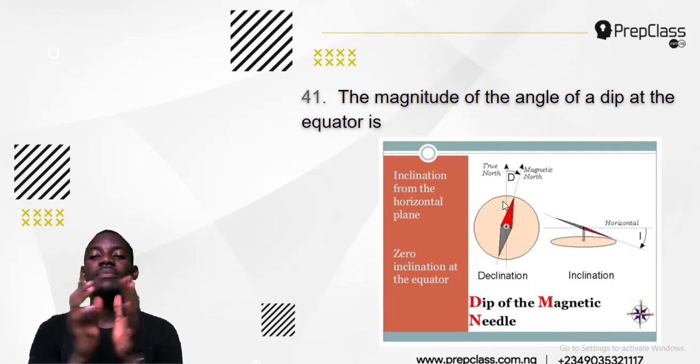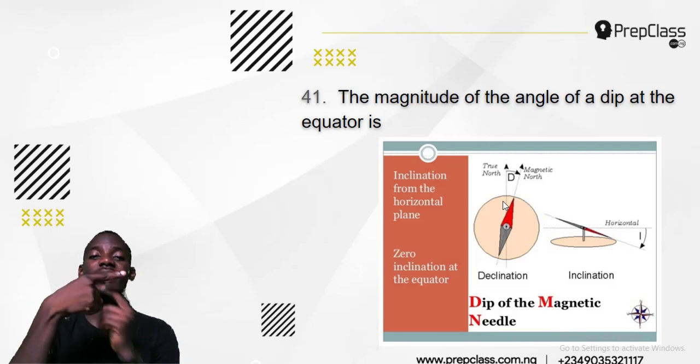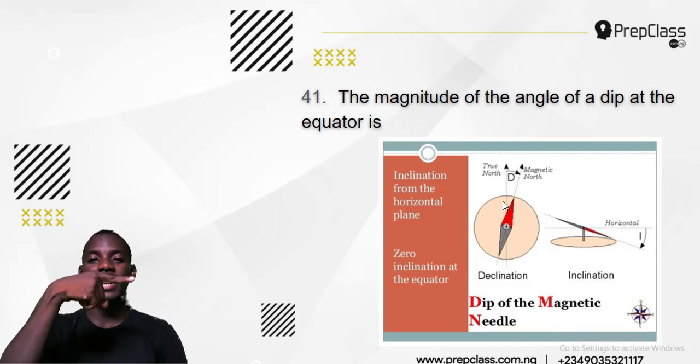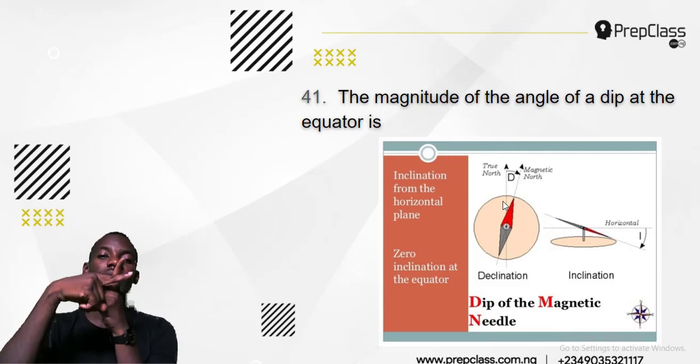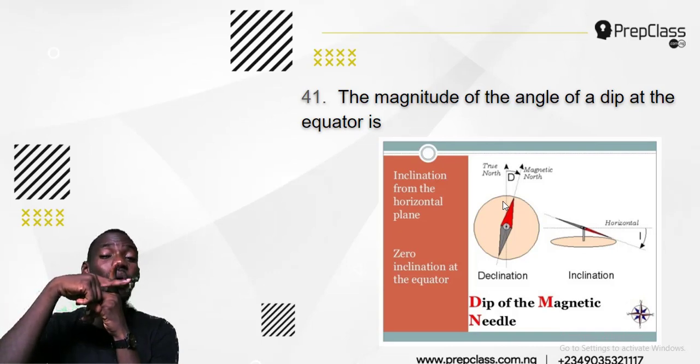Now, angle of inclination is the angle between the horizontal and the magnetic north. This is the horizontal line, and this is the magnetic north. The angle between the magnetic north and the horizontal is called the angle of inclination. Many students need to understand these two angles in magnetism, because many theory questions usually ask for them.